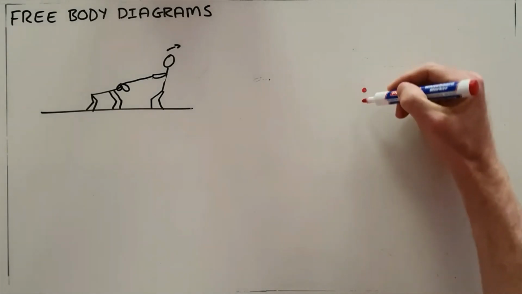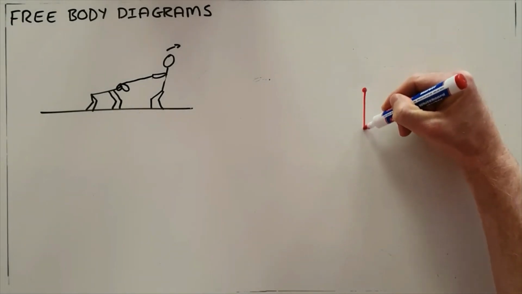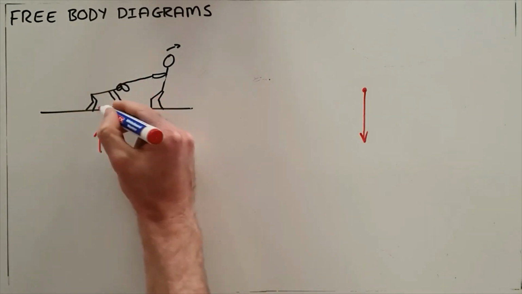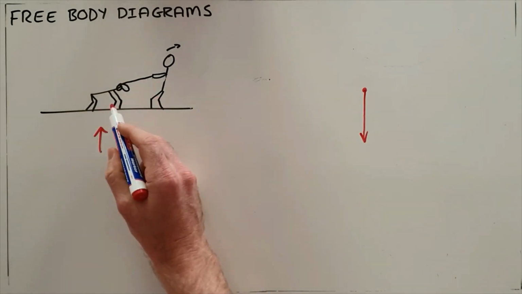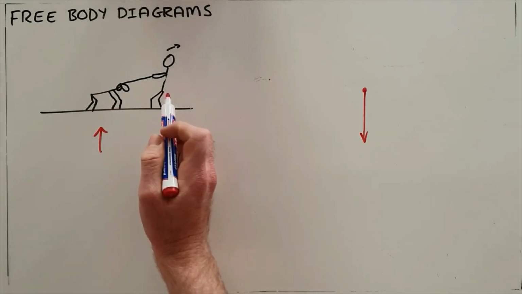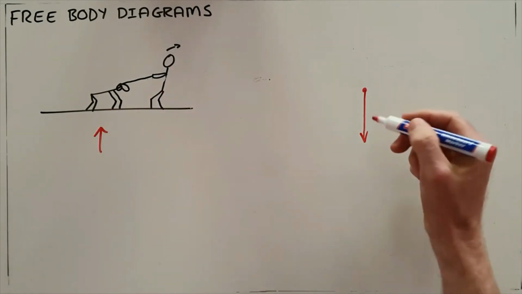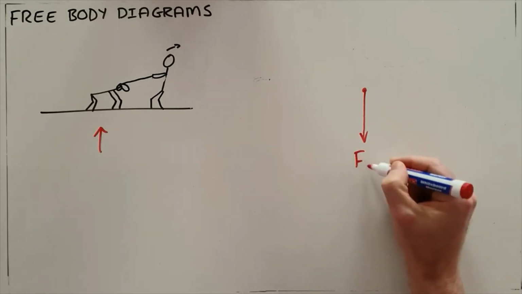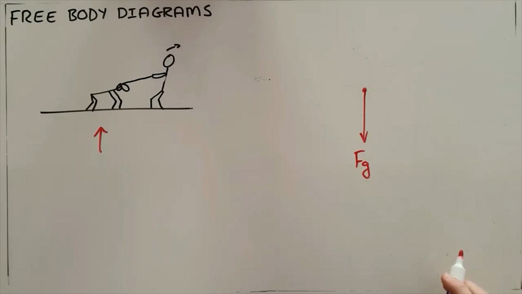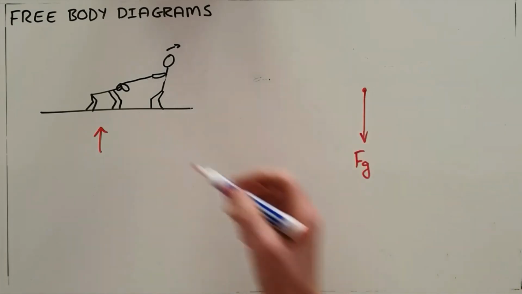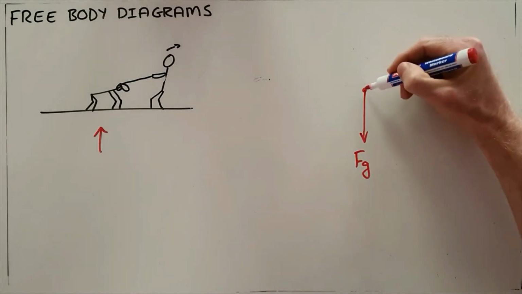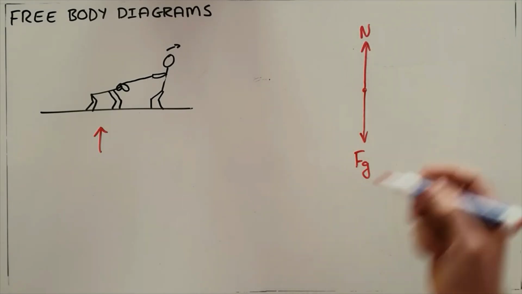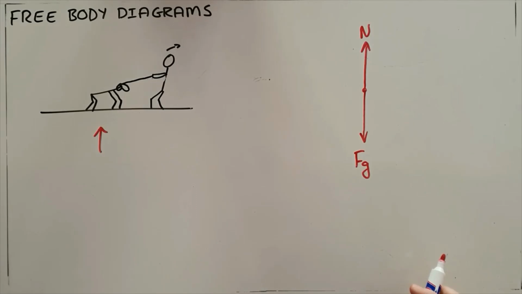So for example, we know that the gravitational force acts on this object over here. For interest's sake, we are dealing with a dog that is being pulled by its owner, and what we can see is that there's a force of gravity that acts downward on the center of mass of this object. We also know that since this dog is standing on the ground, there is going to be a normal force that the ground exerts upward on this object.